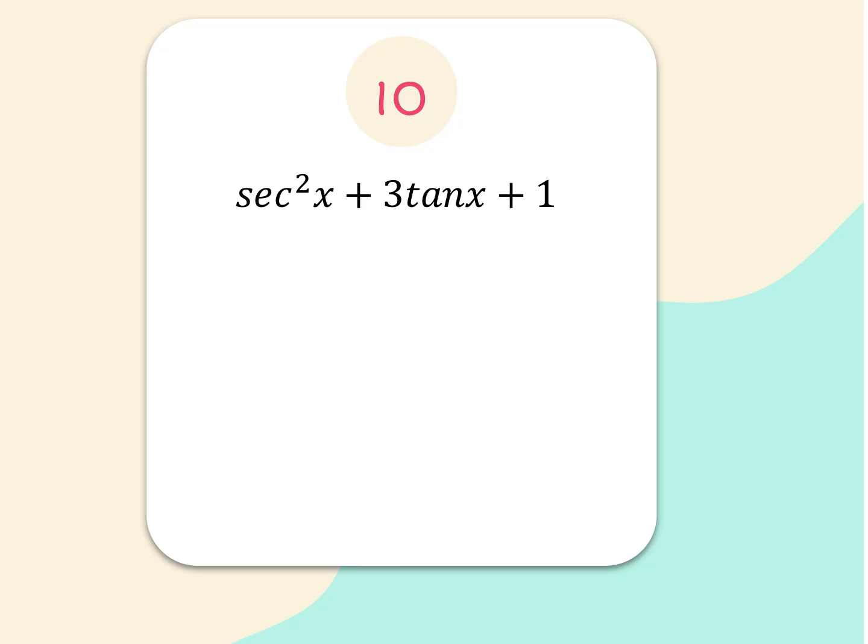And I'm sure you can guess we can do the exact same thing here. So this secant squared x we can change to be 1 plus tangent squared x. And then you get plus 3 tangent of x, right? Just bring everything else down, plus 1, and then combine like terms. 1 plus 1 is 2.